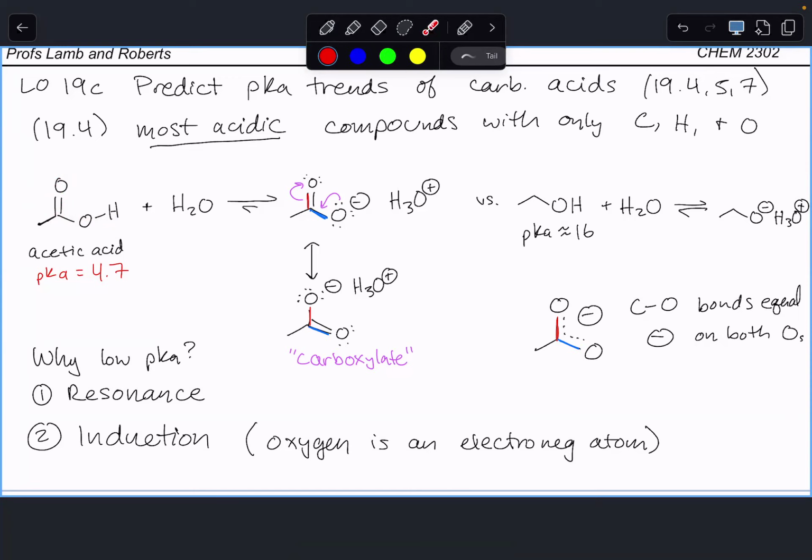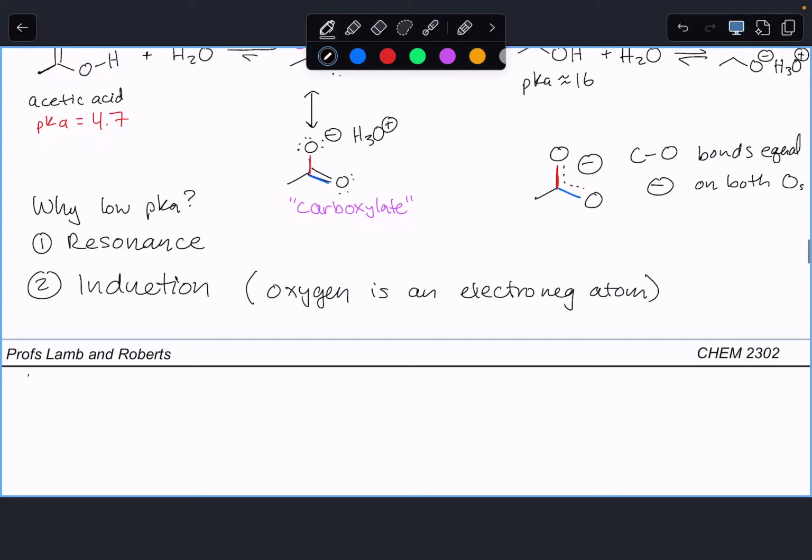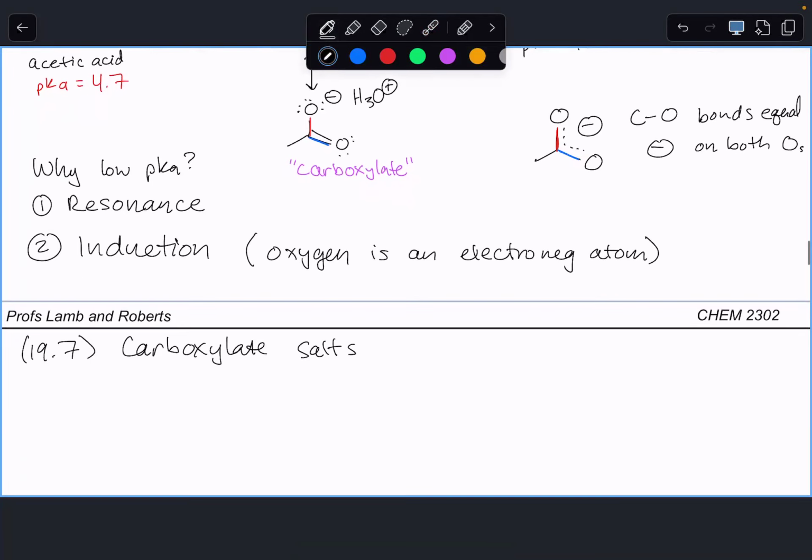All right, I'm going to take a little bit of an aside to talk about that carboxylate, this conjugate base, for a second, which is 19.7. We said that when you have a carboxylic acid, you can mix it with some strong base, like sodium hydroxide, for example. That base will pull off the proton and make your carboxylate.